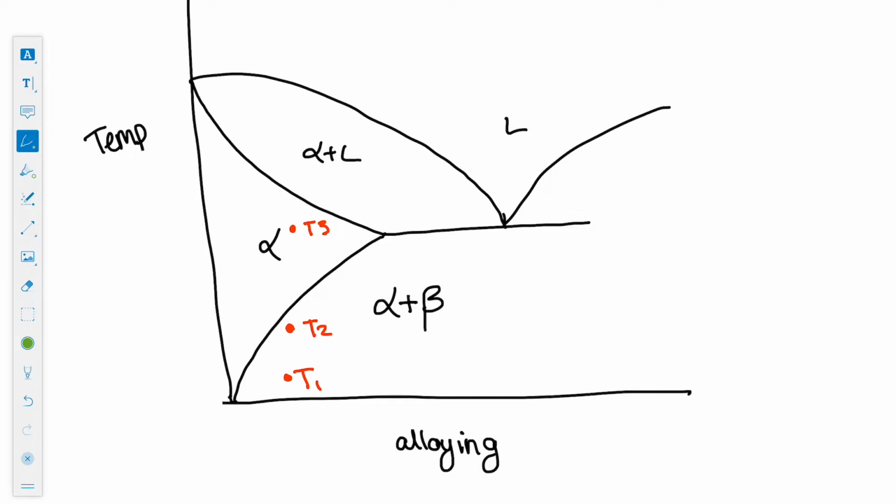I want to heat from T1 to T3 and hold at T3 for a long enough time that it's sufficient to dissolve the beta phase in my material. So this is going to be my first step. Heat and hold, that's what we know as annealing.